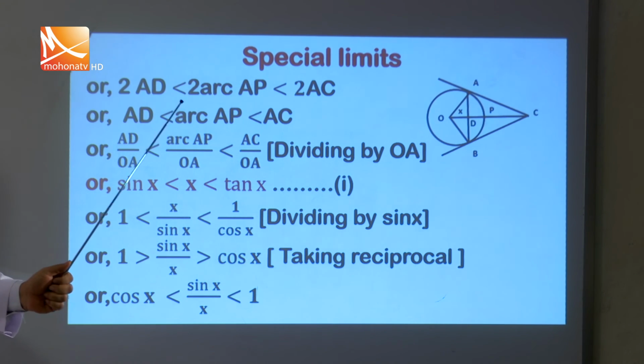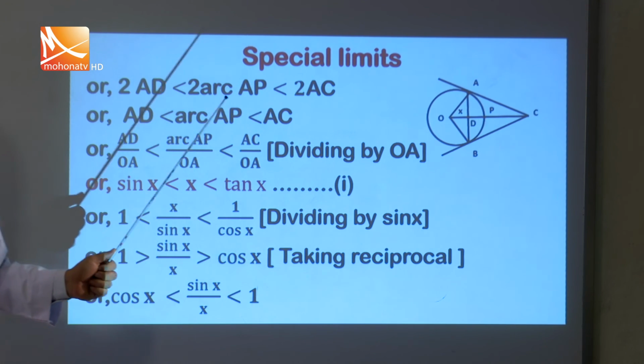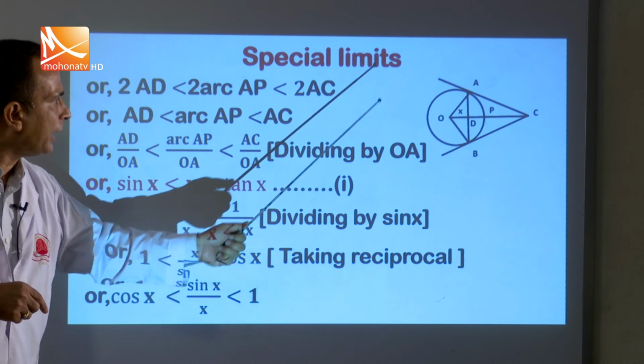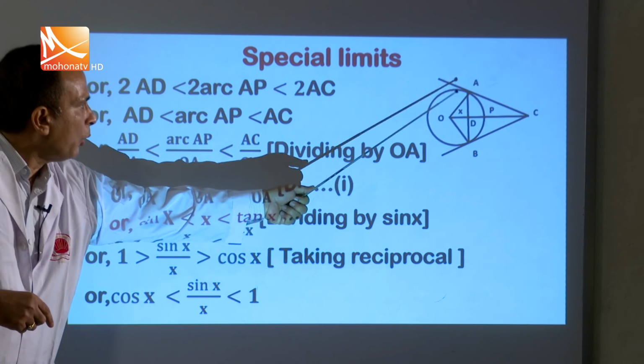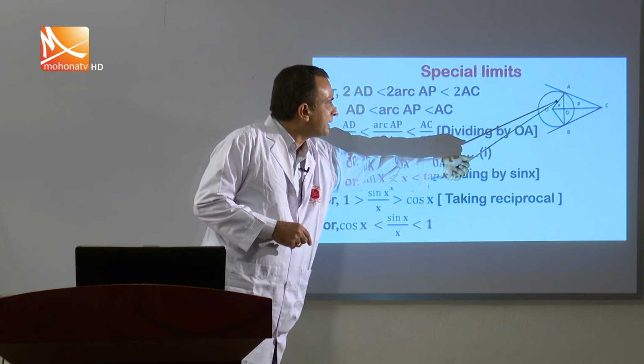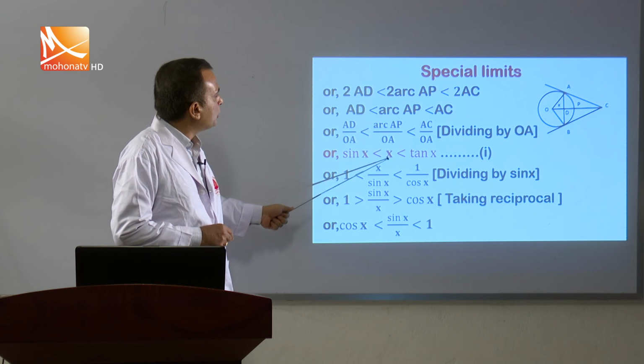We have learned a formula S equals r theta, where S is the length of the arc, r is the radius, and theta is the angle at the center subtended by the arc. So AP is the arc, OA is the radius, and the angle is x. So we can write arc AP by OA equals x.